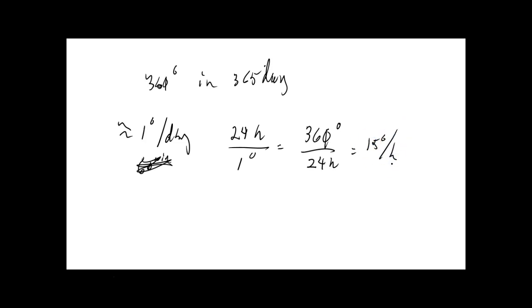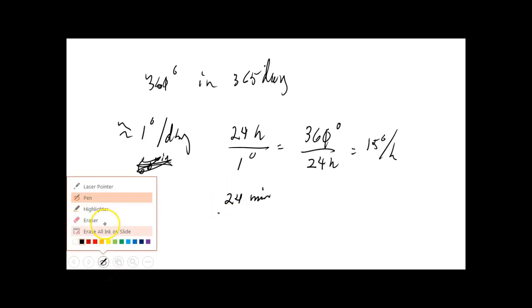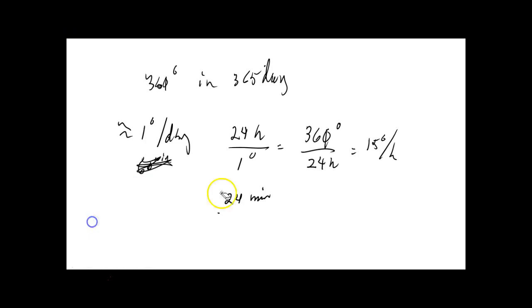We remember we did this before. Now we want 1 degree. Well, 1 hour is 60 minutes, to do 15 degrees. So how many minutes would it be to do 1 degree?